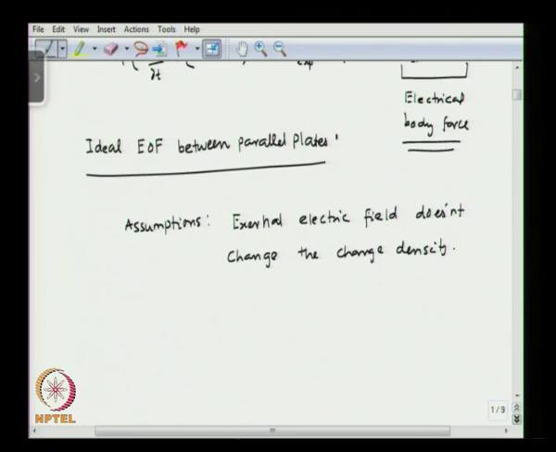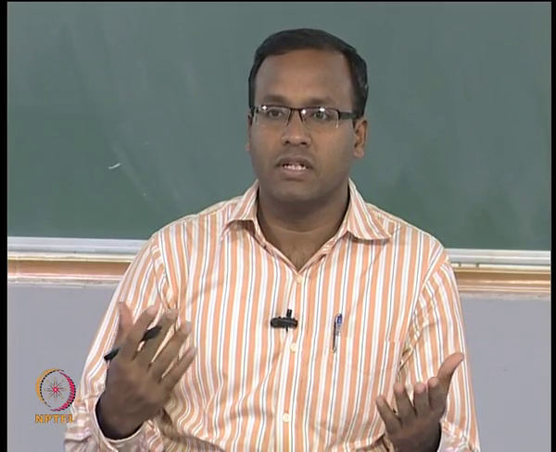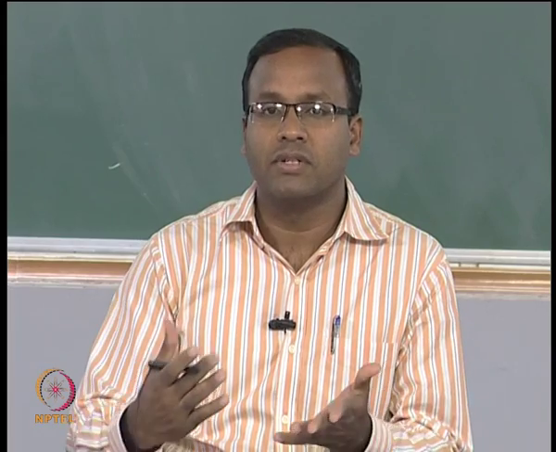Okay. So we assume that the charge density inside the liquid is because of the charge distribution that happens when the liquid, ionic liquid, is in contact with a charged surface. Okay. And the external electric field does not create any charge, so there is no change in the charge density.